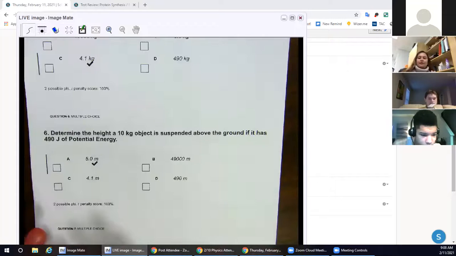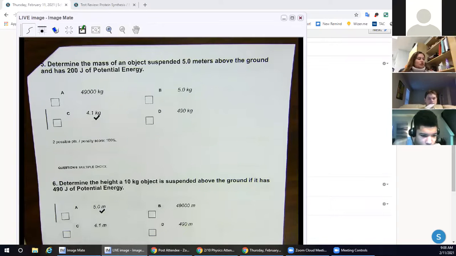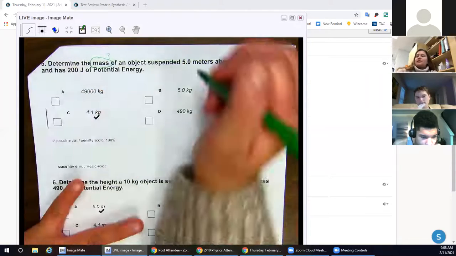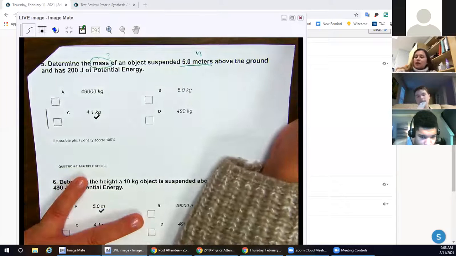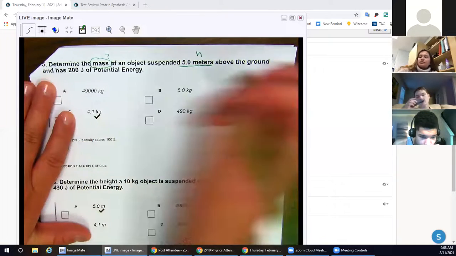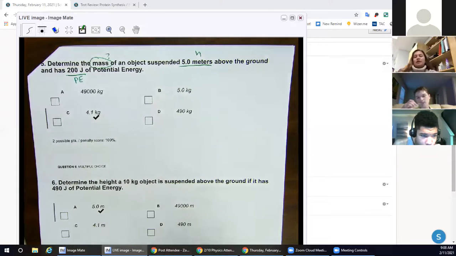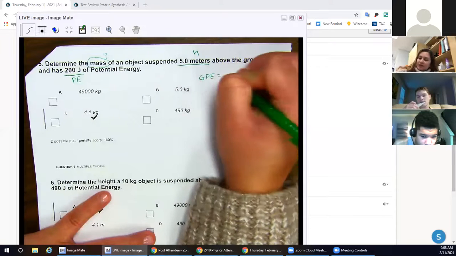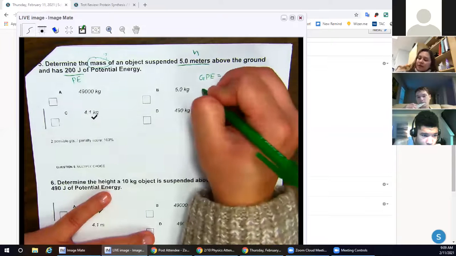Number 5. Determine the mass. So we're looking for mass of an object suspended 5 meters above the ground, that's our height, and has 200 joules of potential energy. So that's our potential energy. Again, we're going to use our same formula, gravitational potential energy equals mass times gravity times height. We know our PE was 200.